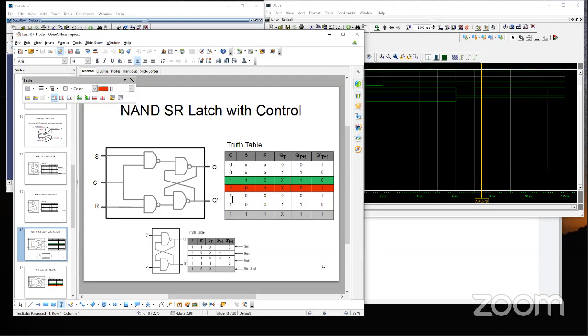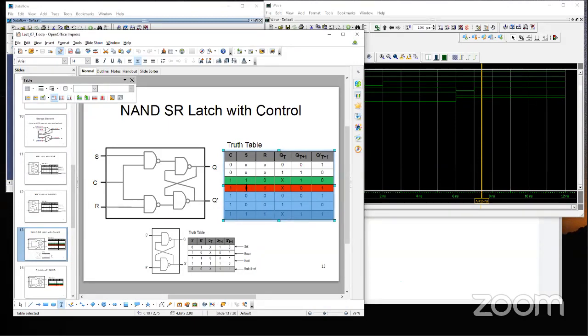Now in this circuit, we have two hold conditions, right? Either C is 0, or C is 1 and S and R are both zeros. With that observation, what we wanted to do is simply eliminate these two or three entries from the table. Why? Because 0, 0 is hold, and if C is 1, then S and R have inverse conditions for setting to 1 or 0, right?